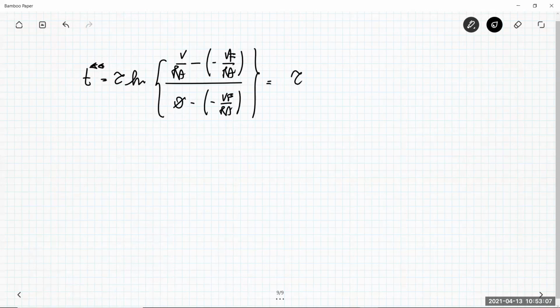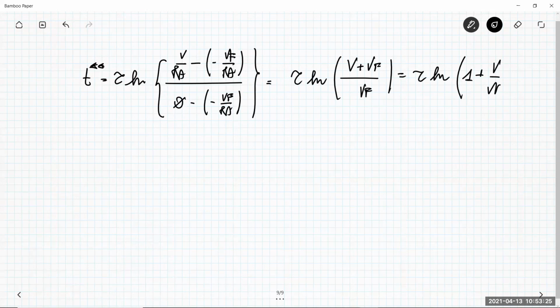This is tau, natural logarithm of V plus VF over VF. And so it's tau, natural logarithm of 1 plus V over VF. Okay, this is what happens in that specific situation when you have the freewheeling diodes.